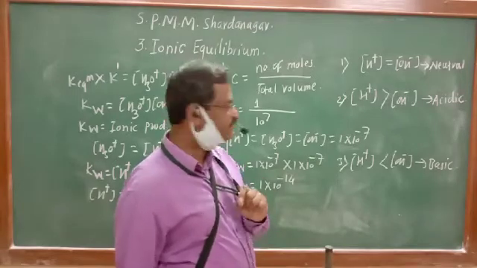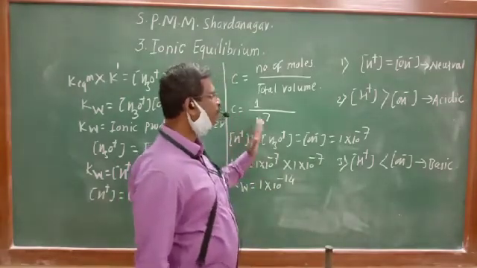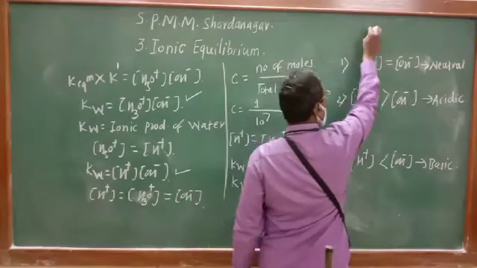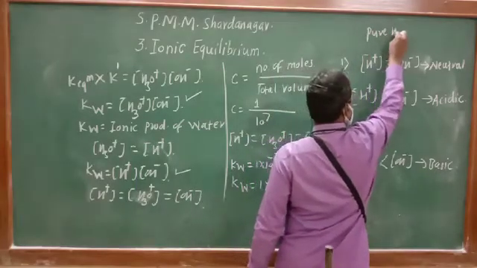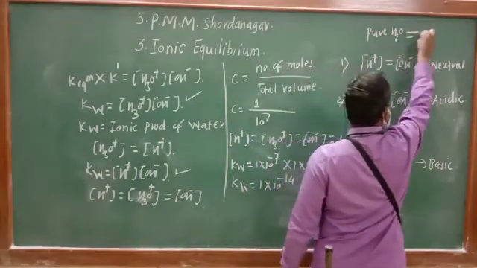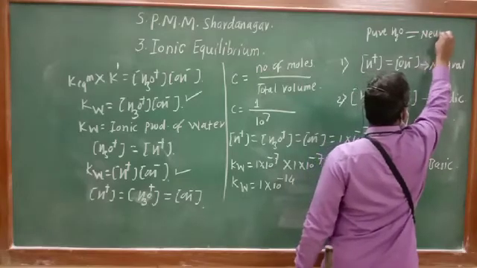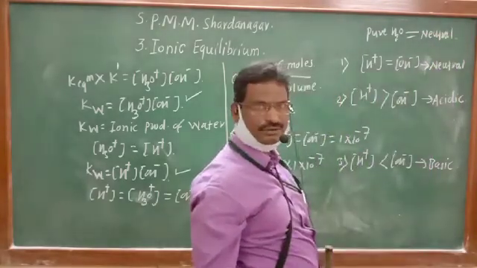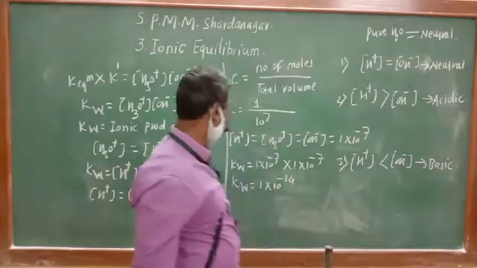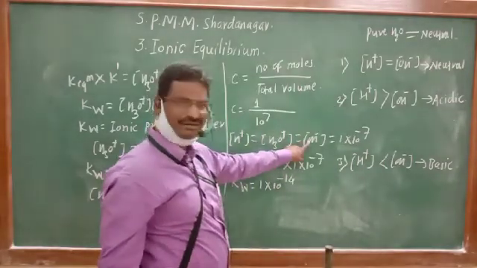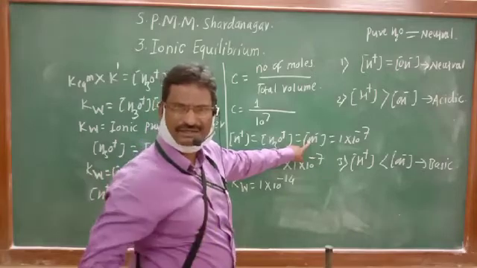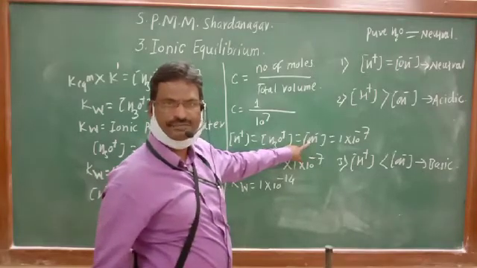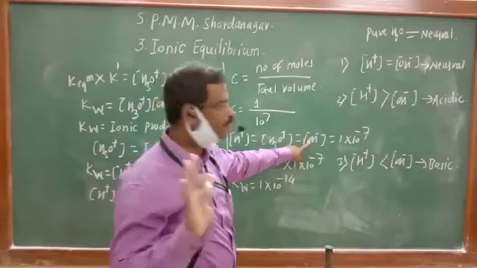Pure water is neutral. If we take the case of pure water, this is neutral. Why is pure water neutral? Because H plus ion concentration and OH minus ion concentration are the same. It is neither acidic nor basic.